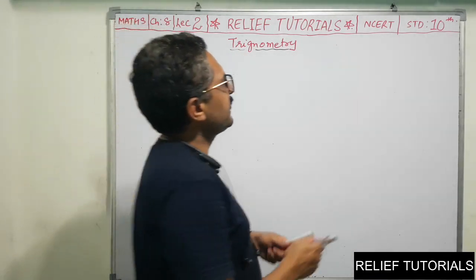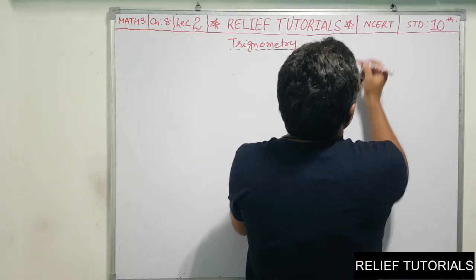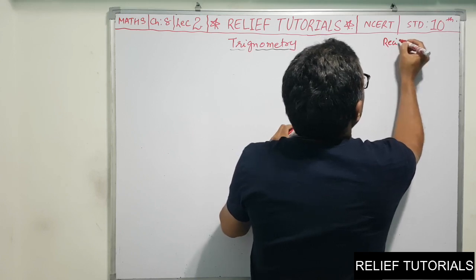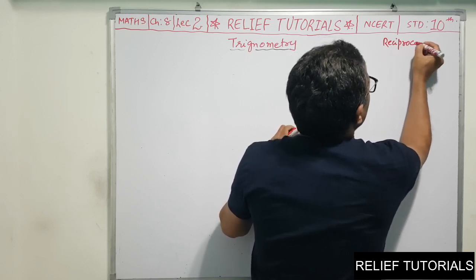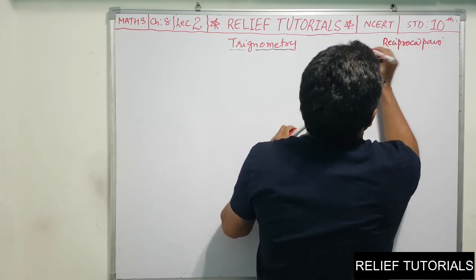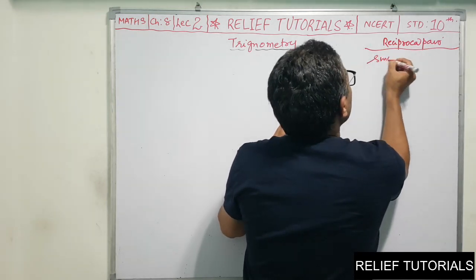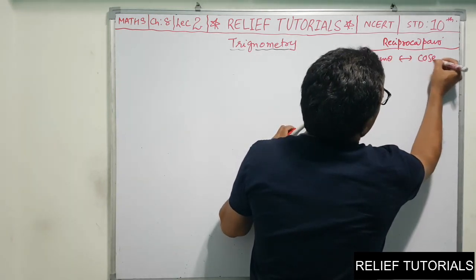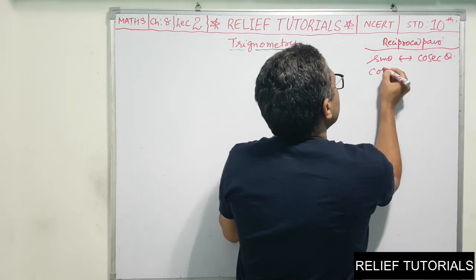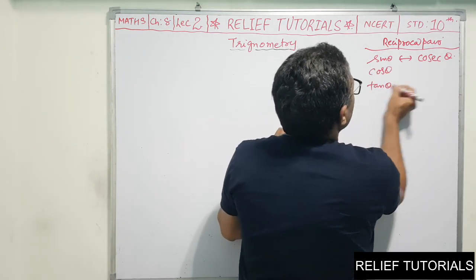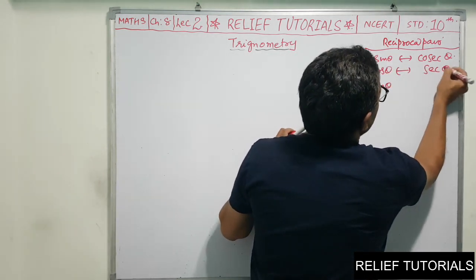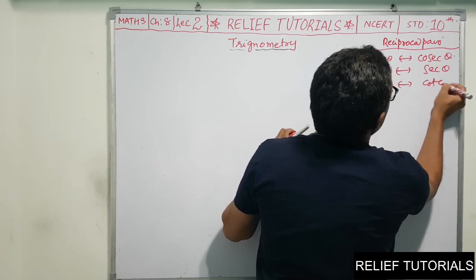So I am writing the table here, see: reciprocal pairs, sin theta and cosec theta, cos theta and sec theta, tan theta and cot theta.